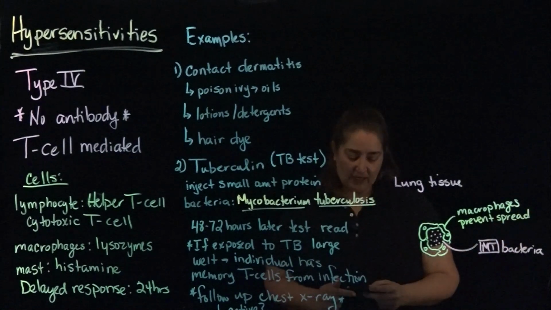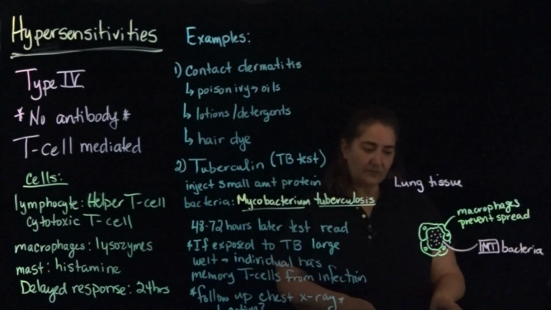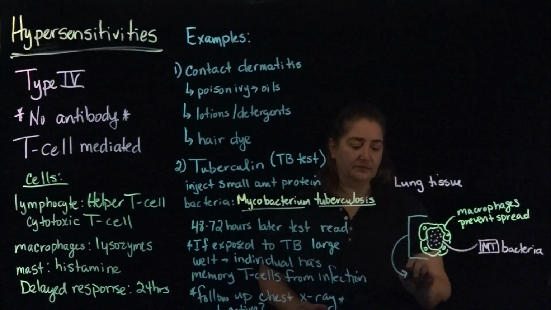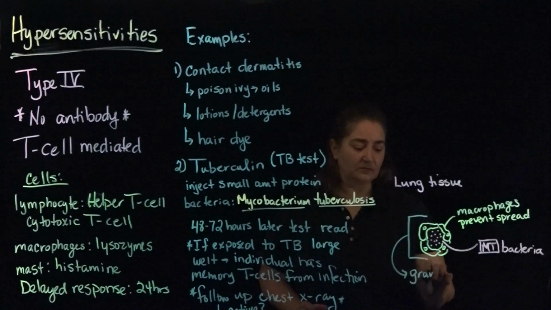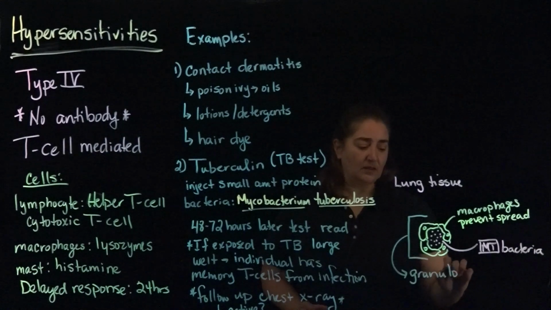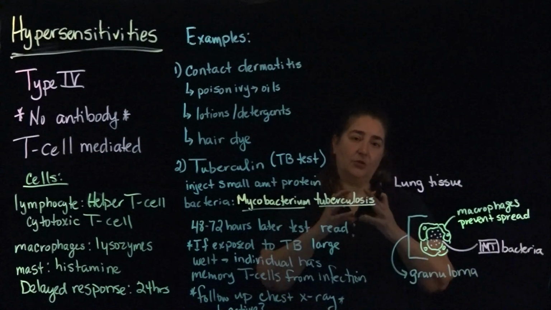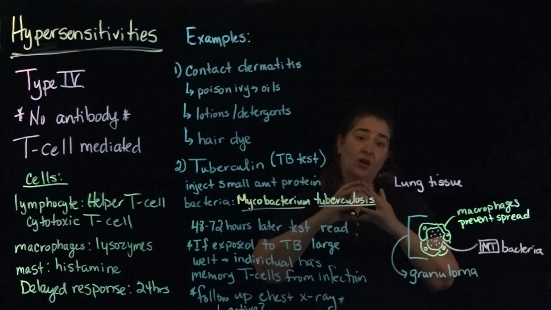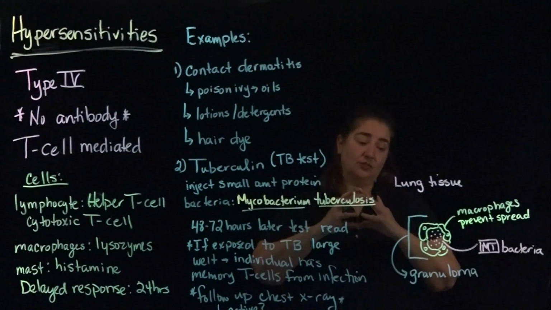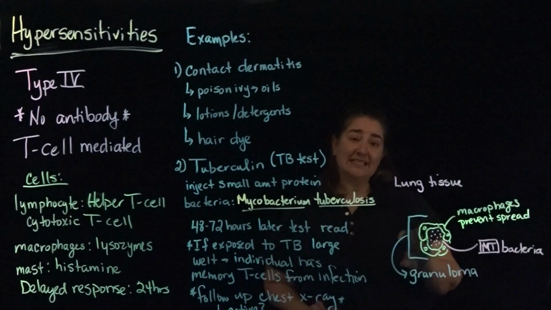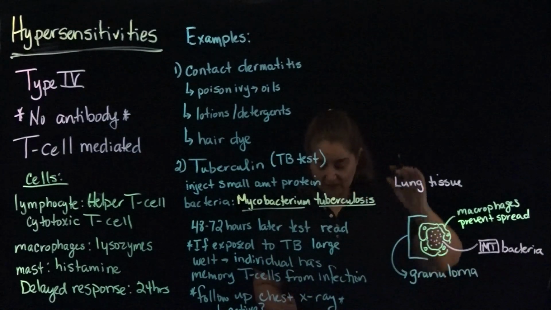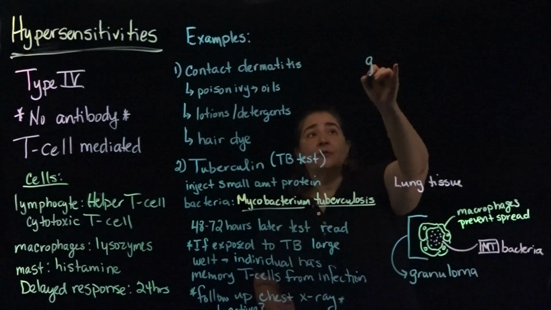But what that creates then within the lung tissue is something that's known as a granuloma, okay? So you've got cells that essentially wall off the infection in the lung tissue, and that can be seen on an x-ray, all right?